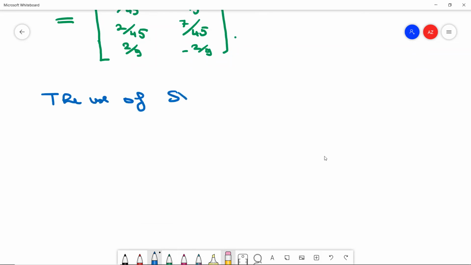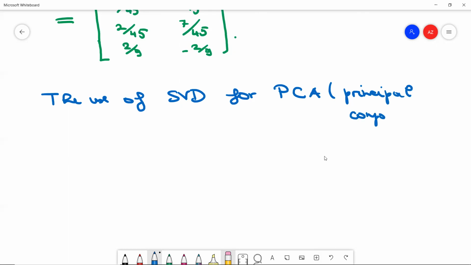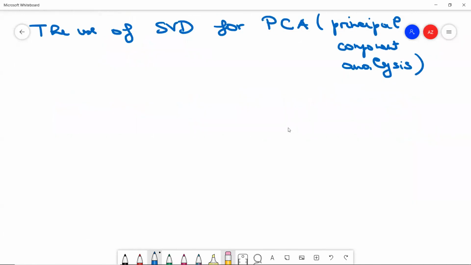So, the use of SVD for principal component analysis. We have A = U sigma V transpose.